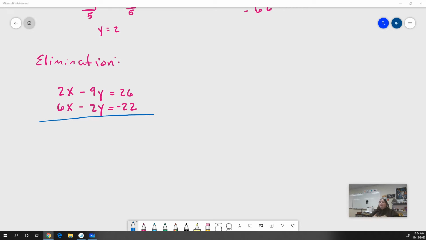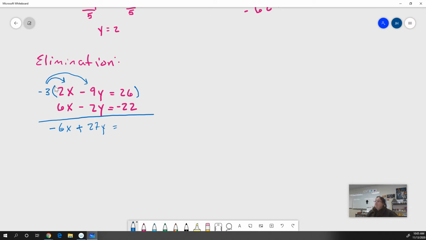Yeah, I could multiply it times -3 would be my better bet because I want it to be an opposite at the end. But yeah, 3 times 2 equals 6. So I'm just going to multiply by -3 just so I get an opposite. I'm going to go ahead and distribute this. -3 times 2x gives me -6x. -3 times -9y gives me positive, because they're both negative, 27y.